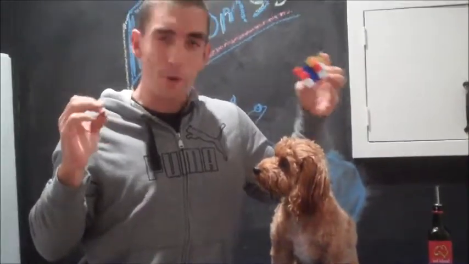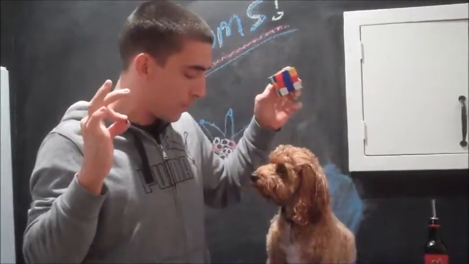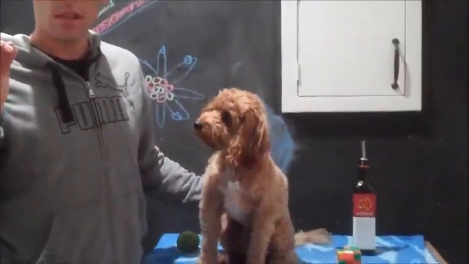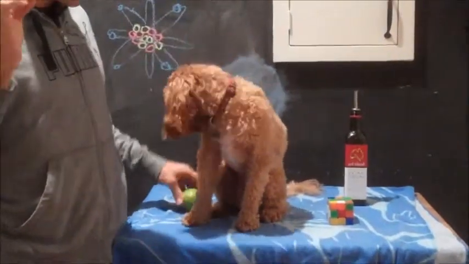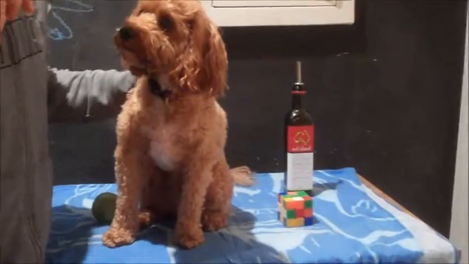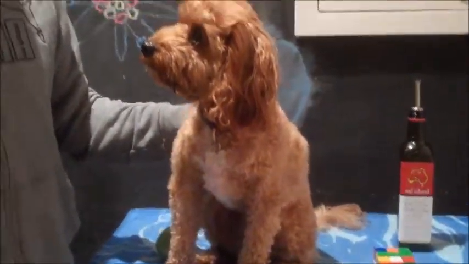And the amazing thing about atoms is that all four of these things are made of atoms. The apple's made of atoms, Grizzly's made of atoms, Grizzly's treat is made of atoms, the olive oil, everything's made of atoms. I'm made of atoms, you're made of atoms. It's all just atoms. And that should blow your mind.